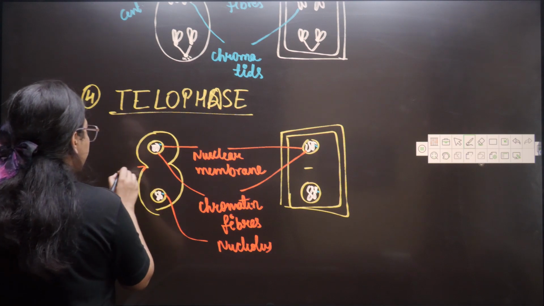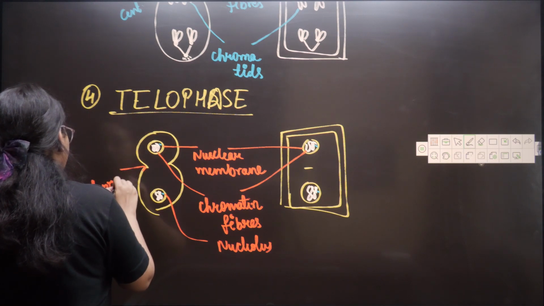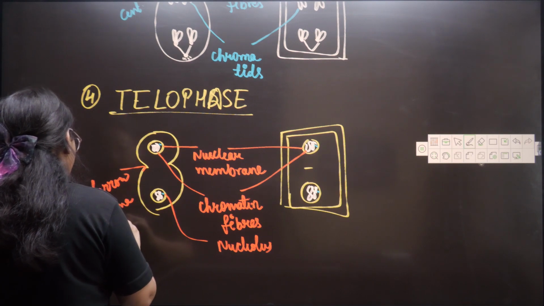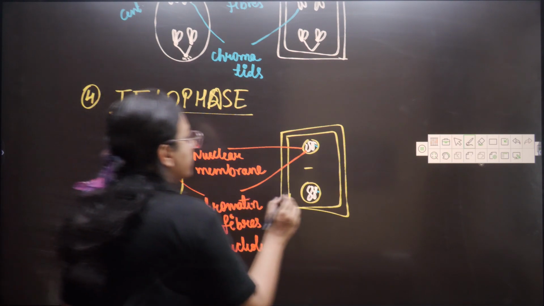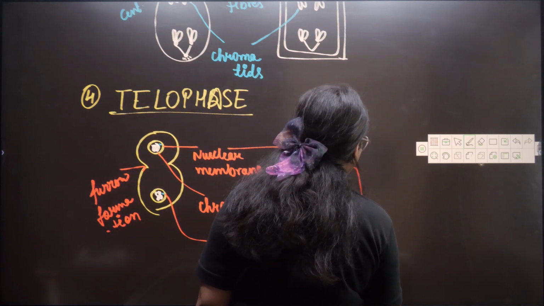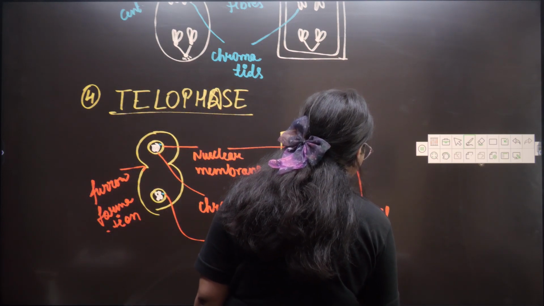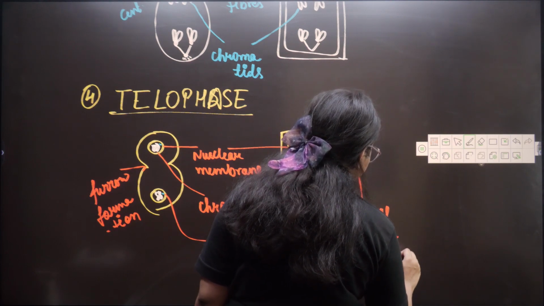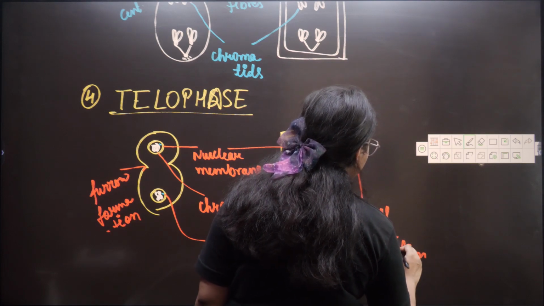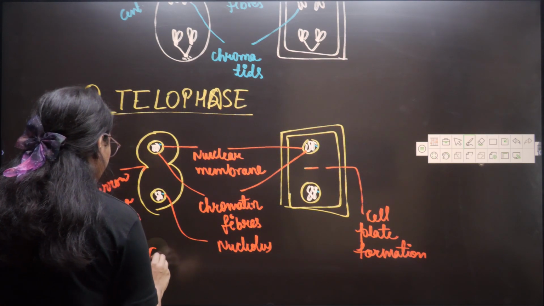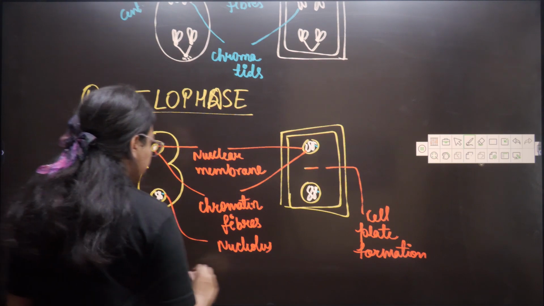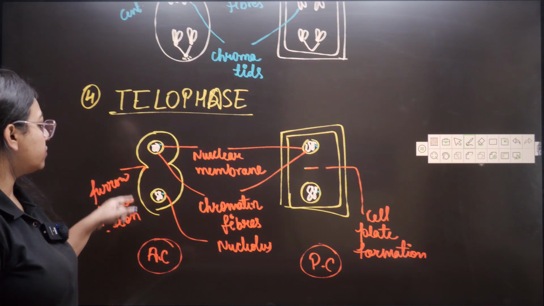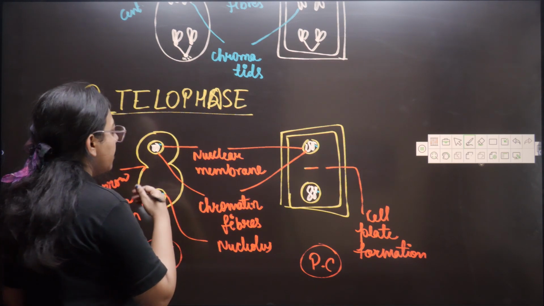Here in animal cell, furrow formation, and in this you see this one, this is the cell plate formation. So obviously this is animal cell and this is the plant cell. I hope it is very clear. So this is how it looks like.